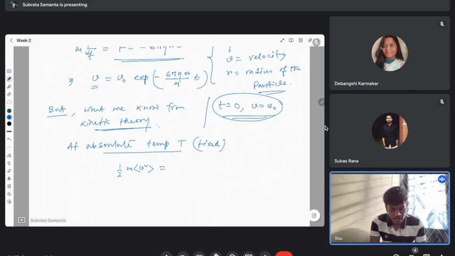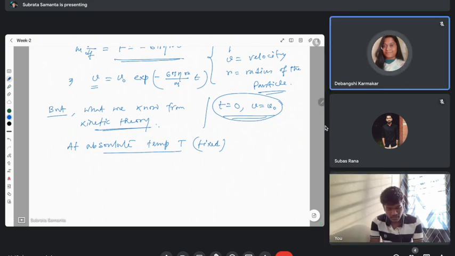Can you tell me the value from kinetic theory? In 3 dimensions, the particle moves in any direction, and for each mode there is a half kT. So what is this value from kinetic theory?